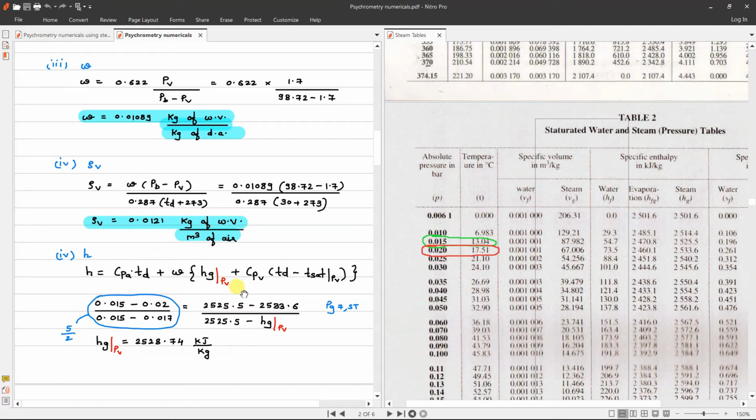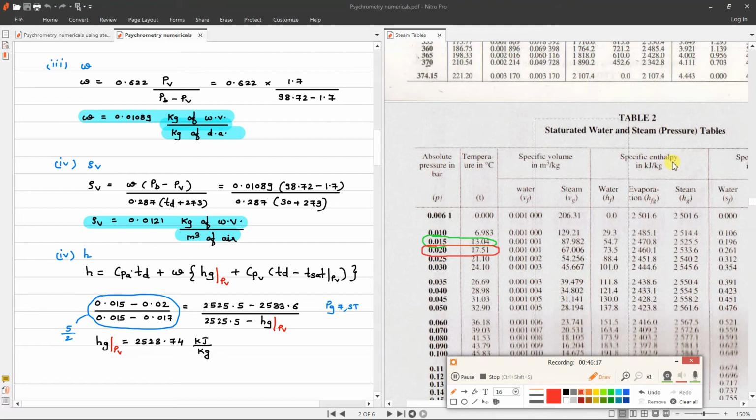Okay, now here we have to calculate Hg. So what is Hg? Here you can see this is Hg. It is the enthalpy of saturated vapor.